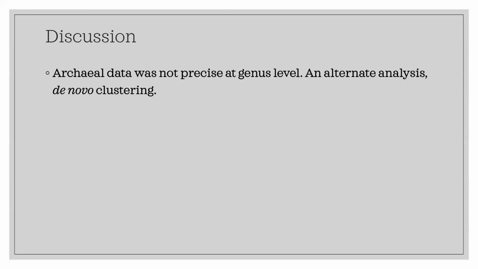We did have our keel data as well, however, the reference library was not precise enough at the genus level and didn't give us clear results. So a possible future project could be a de novo clustering that just looks at percent relatedness.